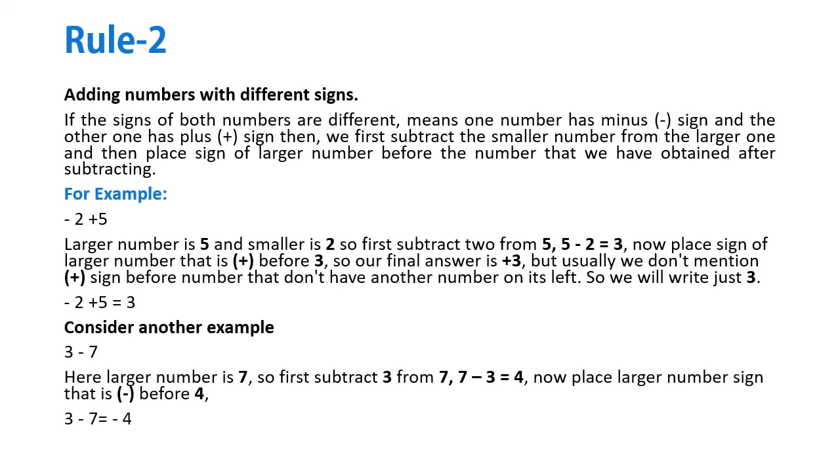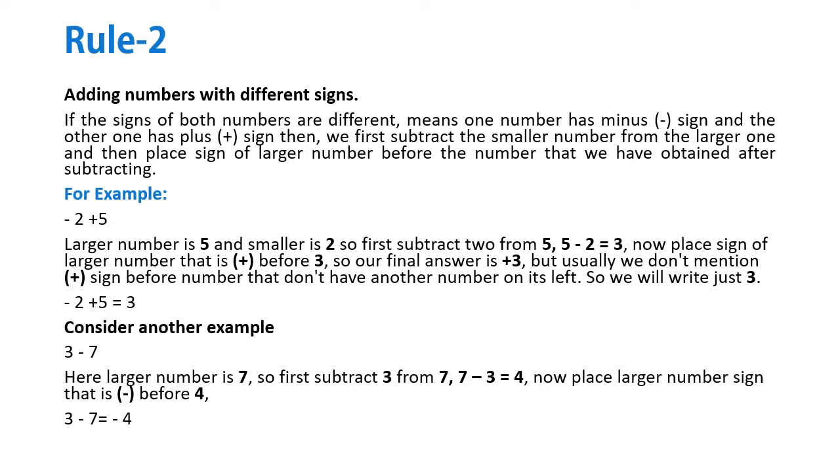Rule 2. Adding numbers with different signs. If the signs of both numbers are different, means one number has minus sign and the other one has plus sign, then we first subtract the smaller number from the larger one and then place sign of larger number before the number that we have obtained after subtracting. For example, -2 + 5.